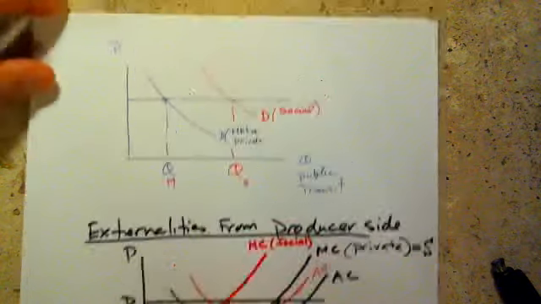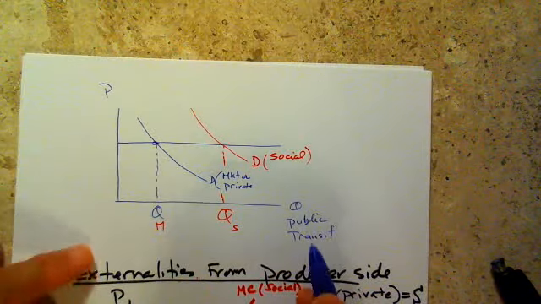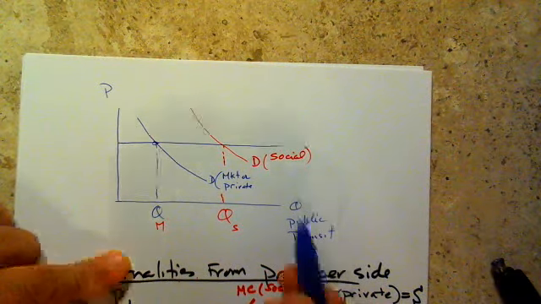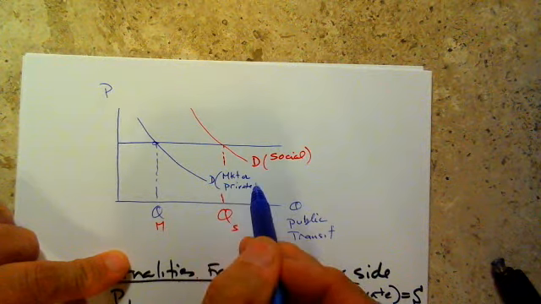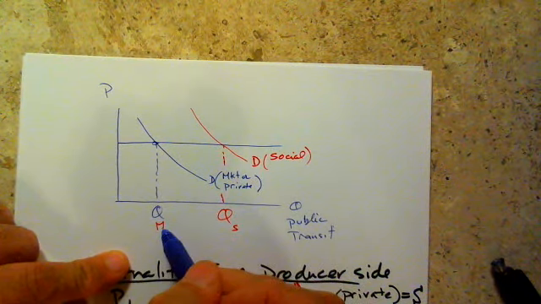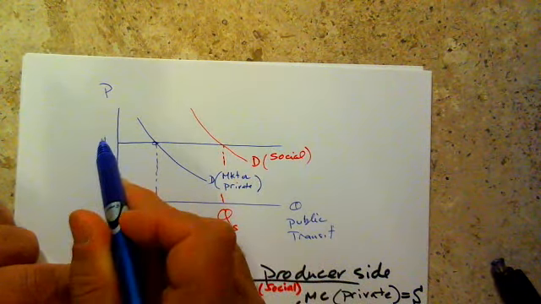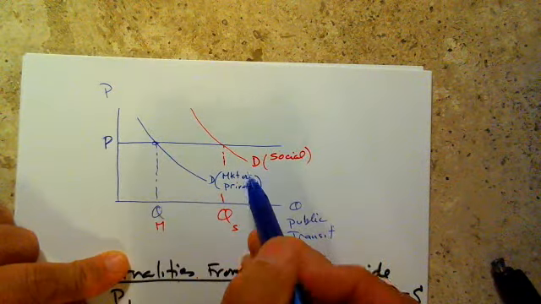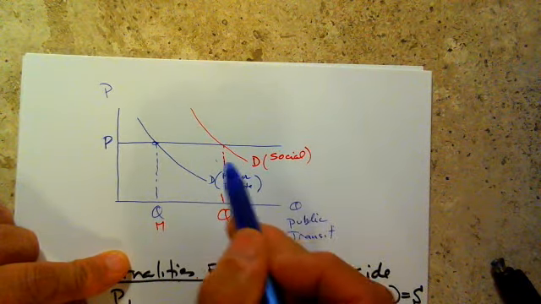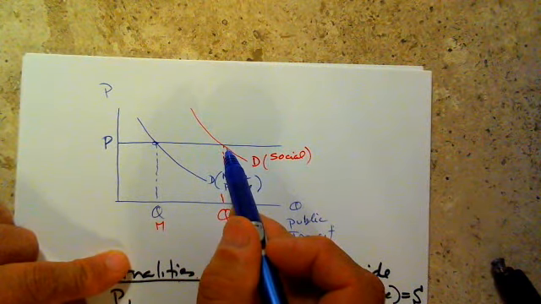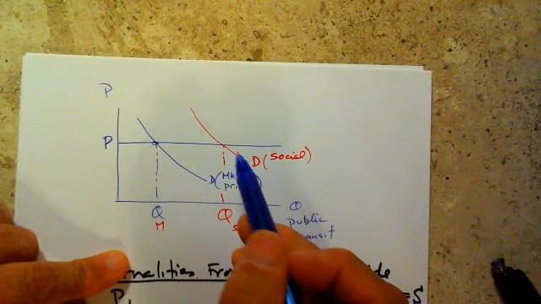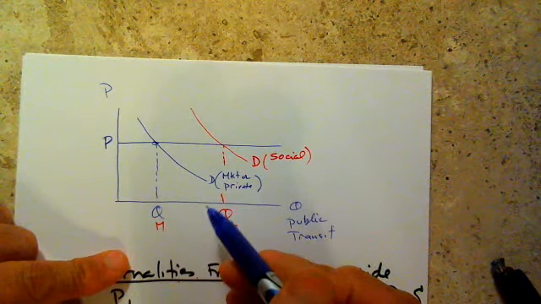However, let's look at the case of public transit. On the other hand, the private or market demand for public transit is this level at this price. However, the society's demand for public transit is larger because it has positive externalities. It reduces congestion, it reduces the pollution, and so forth.